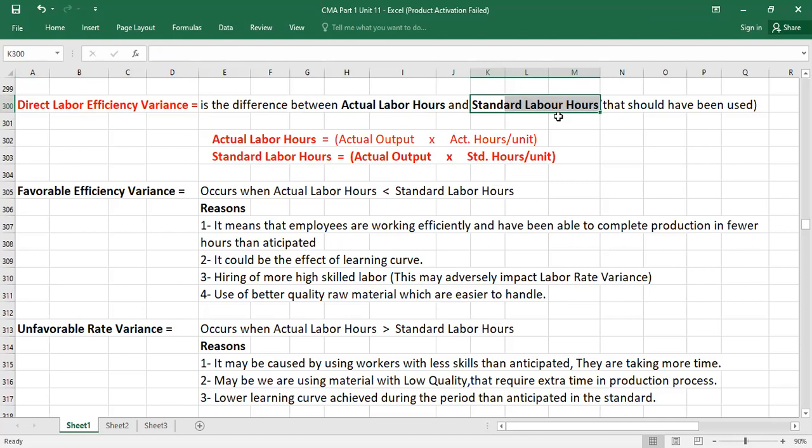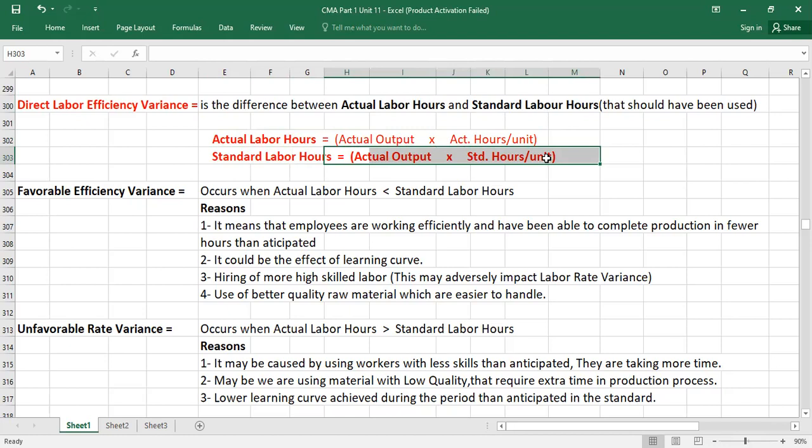Most of the people might make a mistake here, so you should remember how to calculate the actual labor hours. Actual labor hours are always equal to actual output multiplied by actual hours per unit. And if you want to calculate the standard labor hours that should have been used, how will we calculate? We will take actual output multiplied by standard hours per unit.